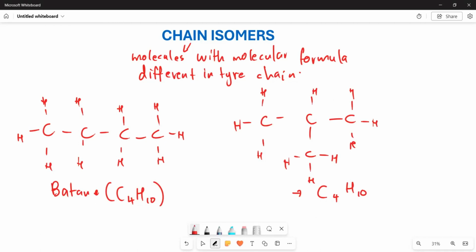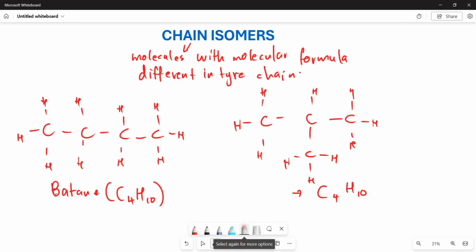So this is the concept of chain isomers: the molecular formula doesn't change, but the arrangement of the structure changes.